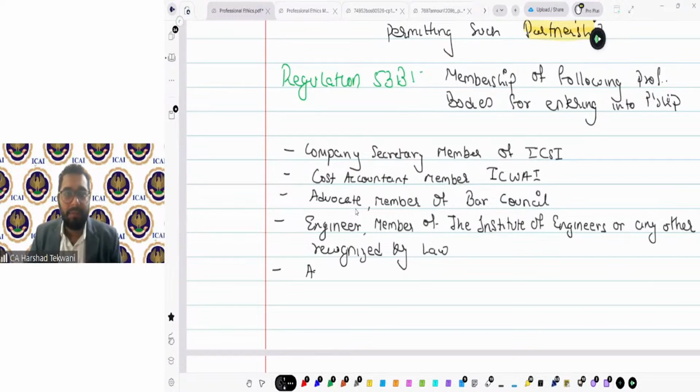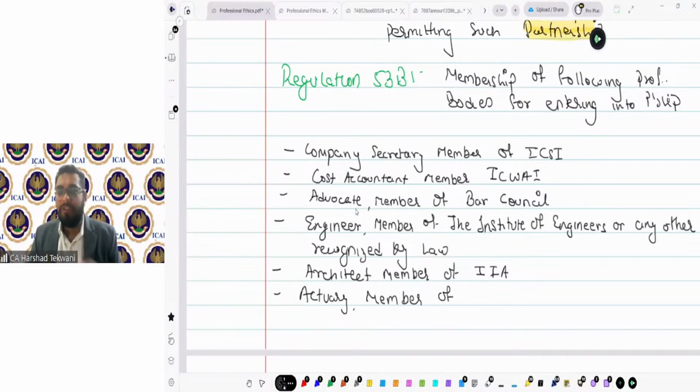Then architect: member of the Indian Institute of Architects. Then actuary: he should be a member of the Institute of Actuaries of India. With these, a chartered accountant is allowed to enter into a partnership.